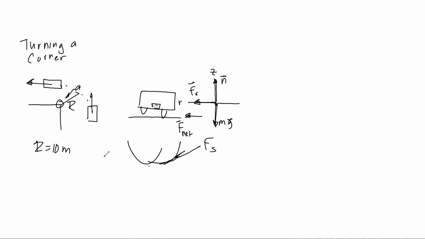It's obviously at this point of contact, this isn't a great drawing, pushing it towards the center of the circle, even though it's moving that way. That's a static friction force.